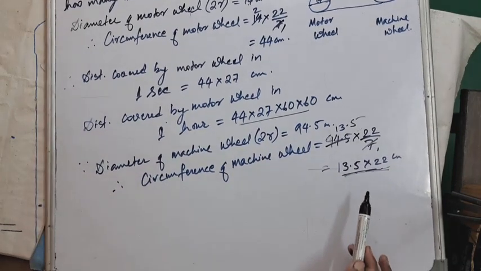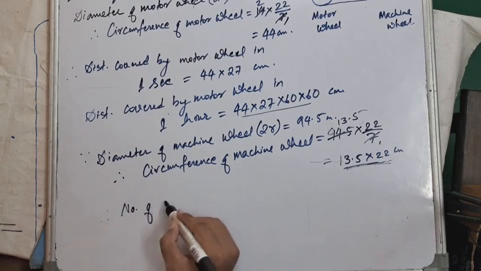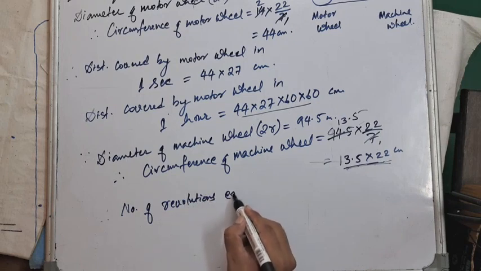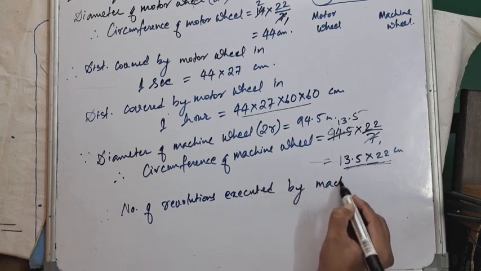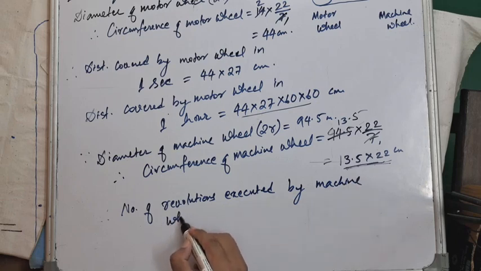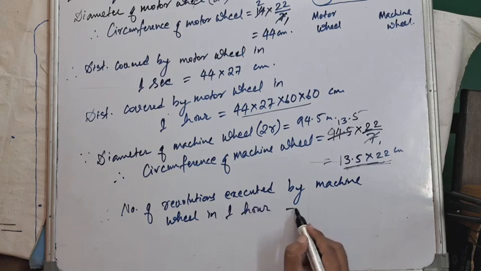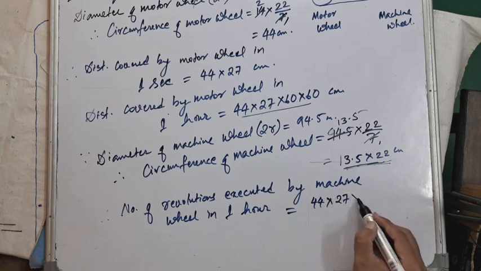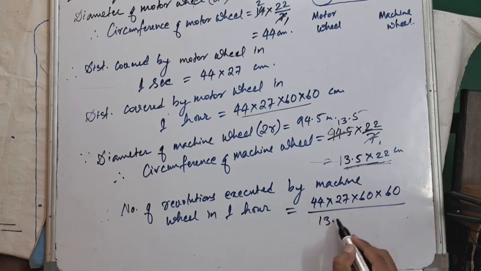Therefore number of revolutions executed by the machine wheel in 1 hour is equal to 44 into 27 into 60 into 60 divided by 13.5 into 22, isn't it?